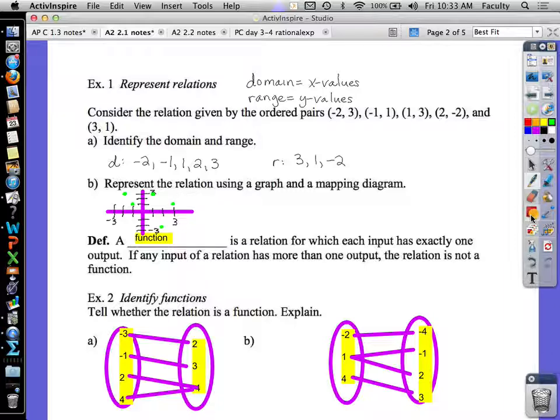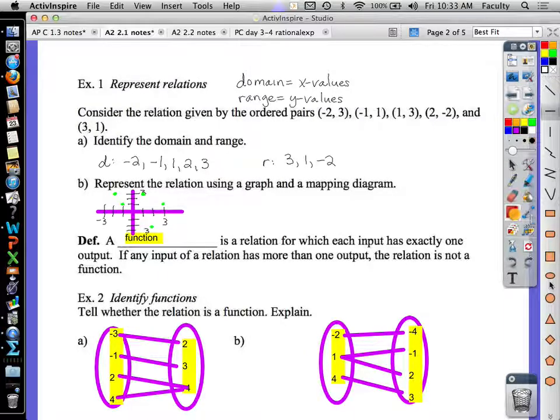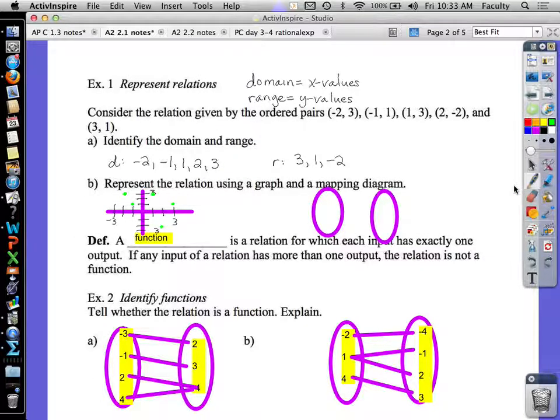Now a mapping diagram, these are kind of fun to do. A mapping diagram is where you make like 2 ovals. And we'll call the first oval the input and the second the output.